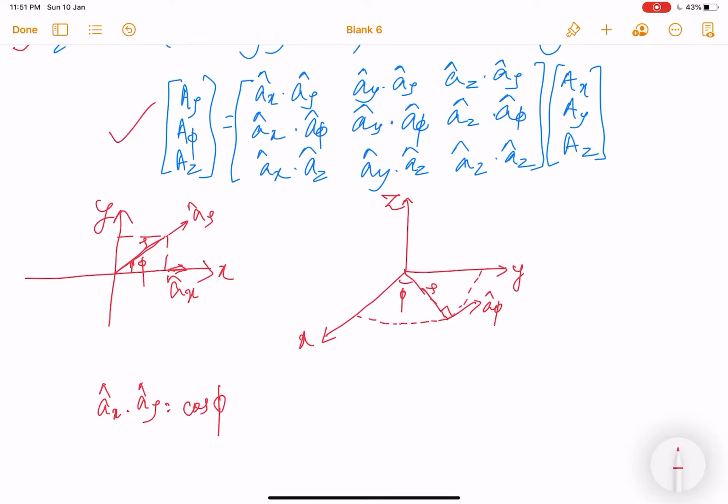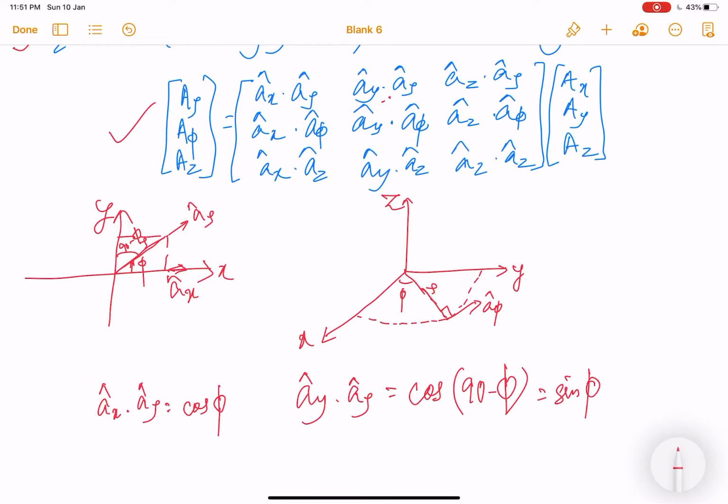Similarly, ay cap dot a rho cap: I can see from the diagram that the angle is 90 minus phi, so it will be cos of 90 minus phi, and that is sin phi.